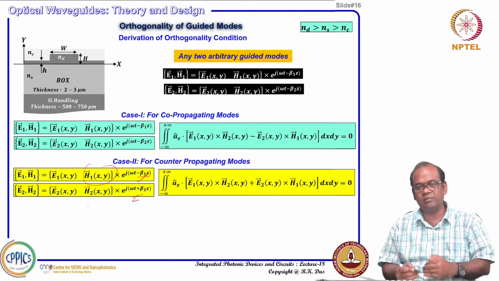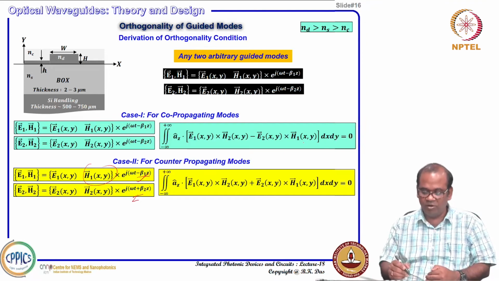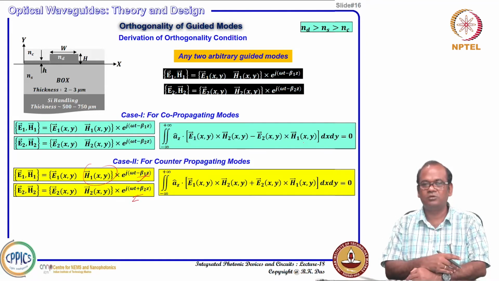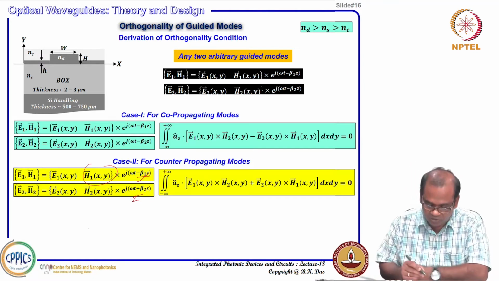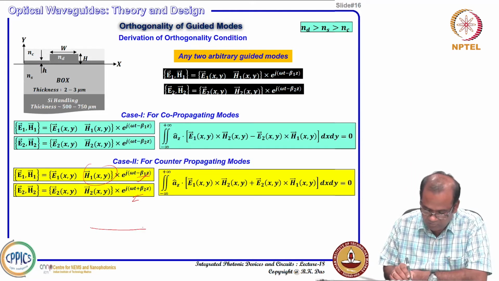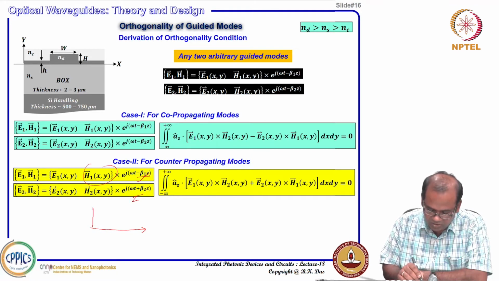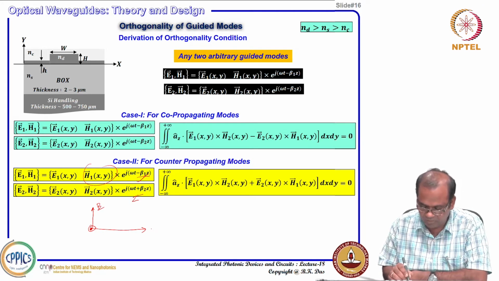Mode field distributions are the same. H2 I am considering also the same. Only their direction is changed. Field distributions, everything is the same. Normally, if the electric field is in this direction while propagating in this direction, then the H field will be out of the screen. That will be the propagation direction, right?